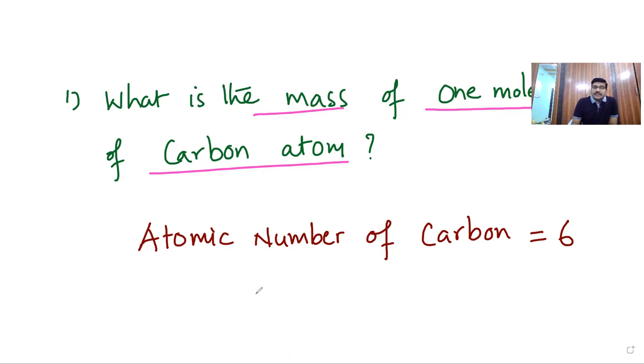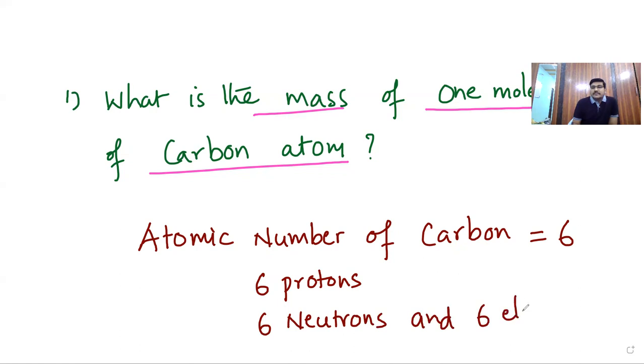Hence, there are 6 protons, 6 neutrons, and 6 electrons. Observe here, there are 6 protons, 6 neutrons, and 6 electrons in the carbon atom. Clear? Now let us see.